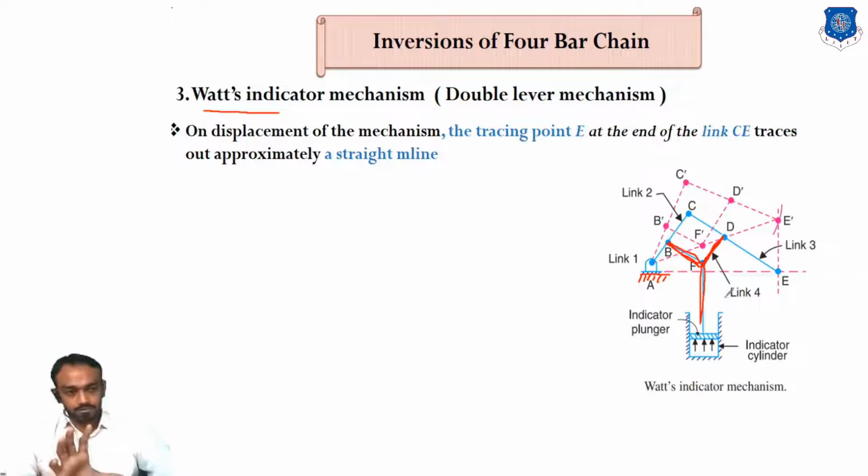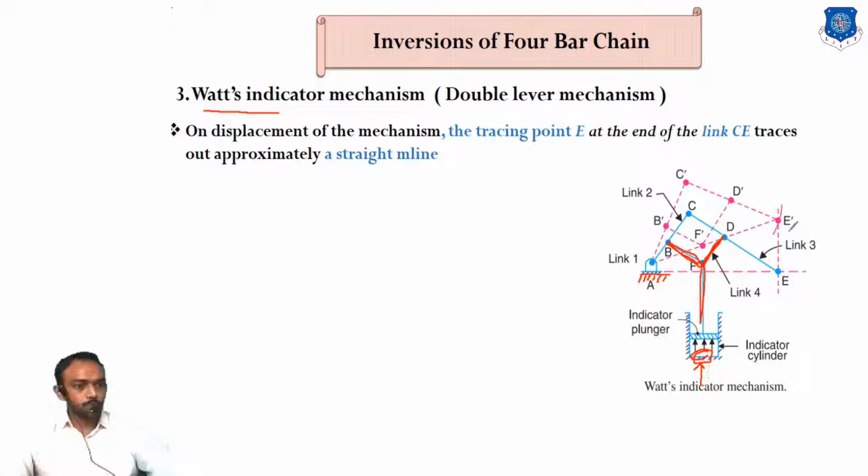There is no crank, because a crank is a rotating element, and here all elements are oscillating. You can see the E point: when steam pressure increases from the bottom, the steam forces the piston upward and the E point displaces from E to E dash.